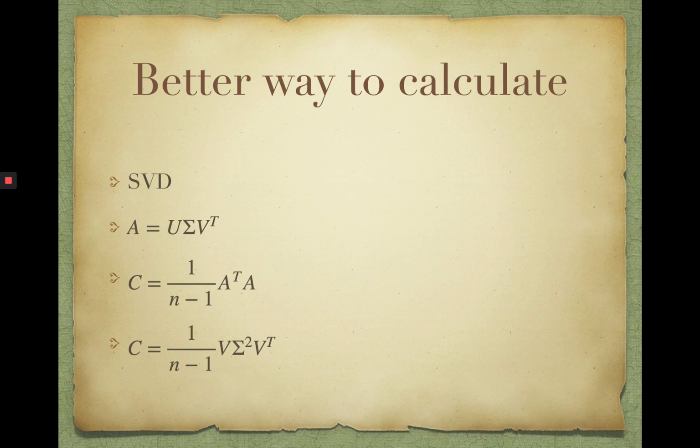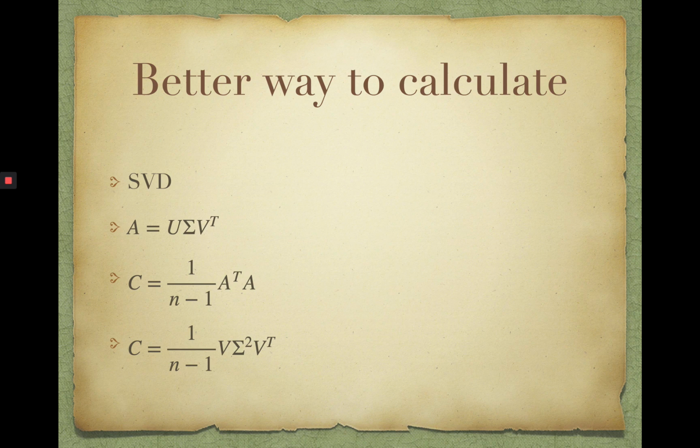Now, if we consider the C matrix, which is A transpose times A, I can rewrite it using the singular value decomposition of A, and I can find that basically V, which is the right of my two singular vectors, U is the left one, V is the right one, is the only one that appears now.